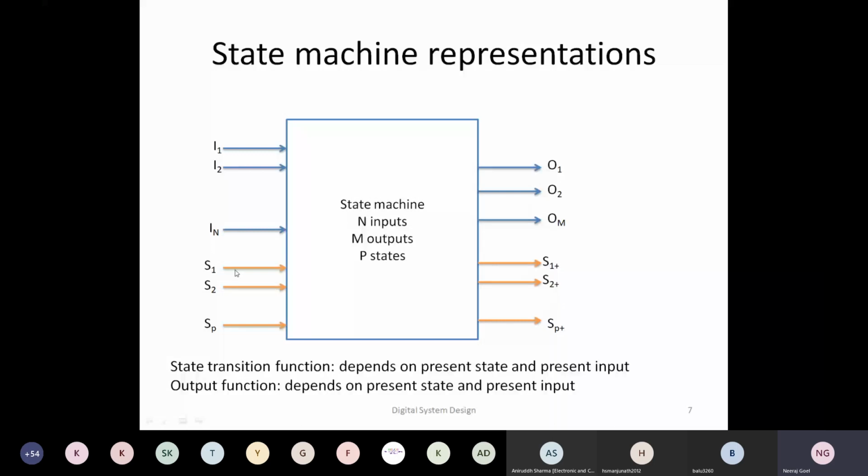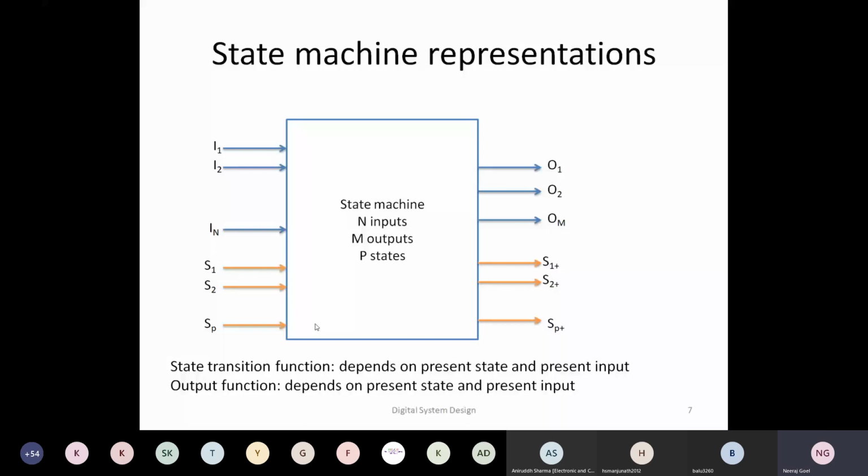So whenever I need to identify the output function, let's say O1, this O1 can depend on all the inputs, I1 to IN, and it also depends on which state we are in. So essentially, any output depends on the present input and the states.